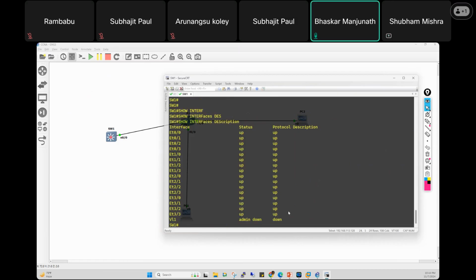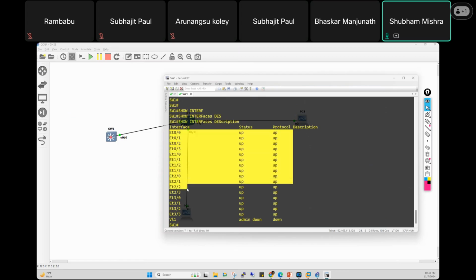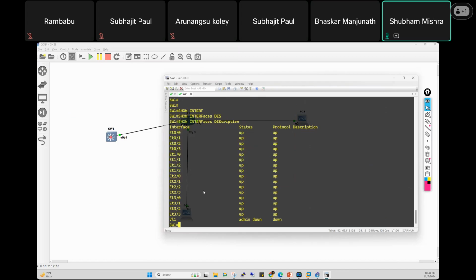Only 6 or 7 are physically attached, the remaining are empty. If it is connected to another one directly, then it is shut down. Actually, I'm still not getting your question. You are telling, for example, if you want to write the range command on multiple interfaces, right? Yes, you can write the command on multiple interfaces.